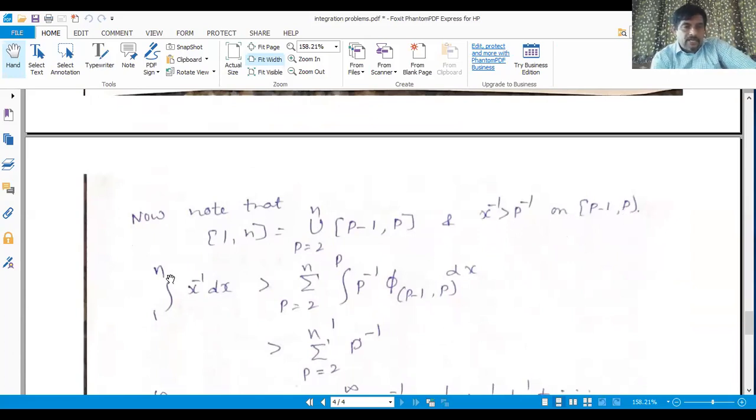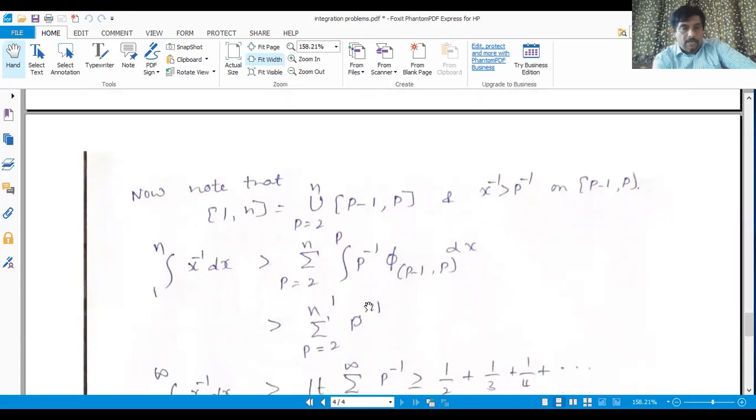Then the integral from 1 to n of 1 by x dx is greater than the sum, p running from 2 to n, of 1 by p with respect to the simple function phi on the interval p minus 1 to p. Then this becomes 1 here, and you get only 1 by p.